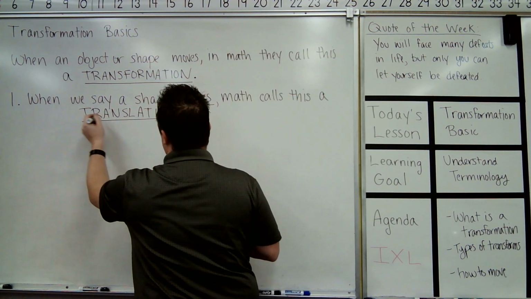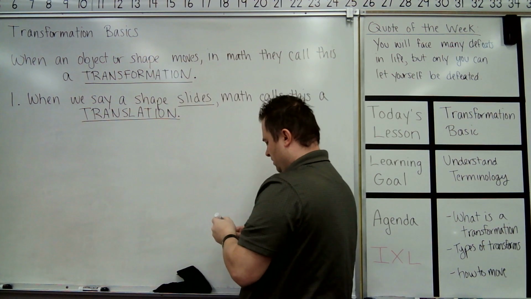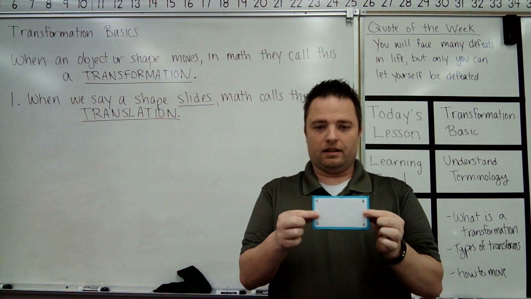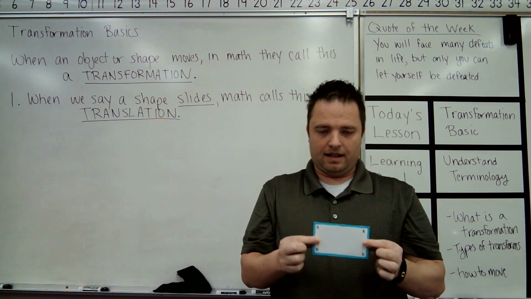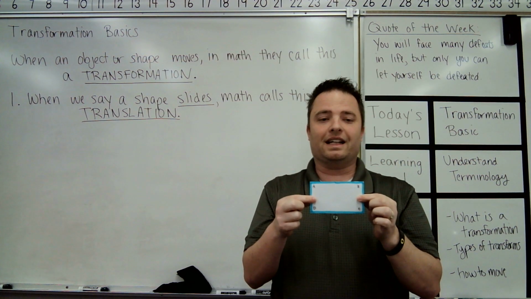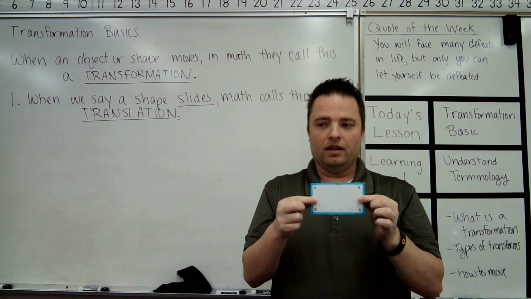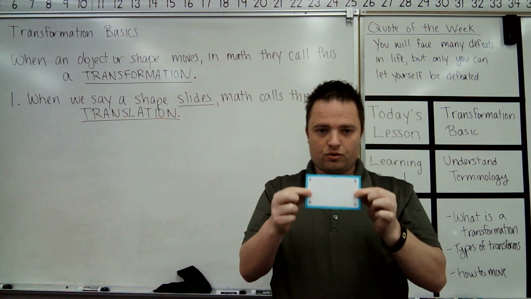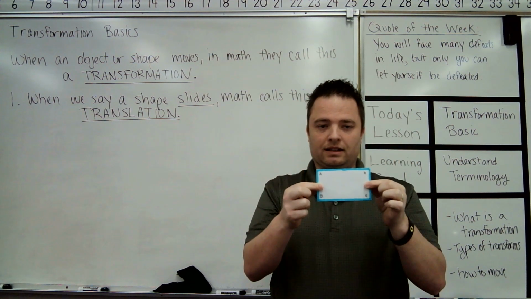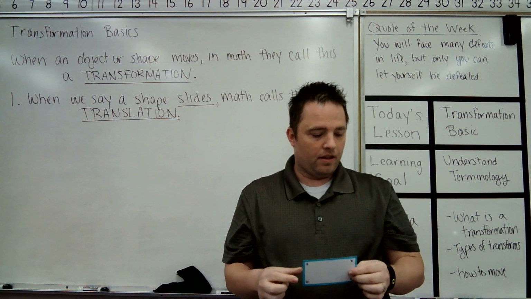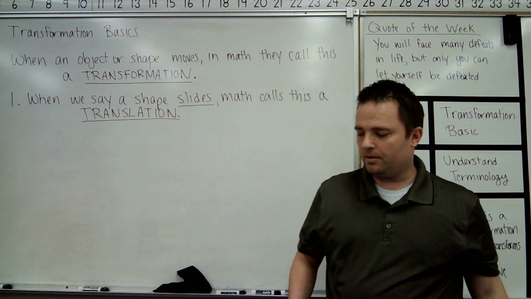A translation. So when we were looking at our object and we were saying that it slid up, slid down, slid left, slid right, math calls this a translation, okay? To translate is to slide, basically. So this is translate up, translate down, translate right, translate left, okay? This was the first type of movement we described.